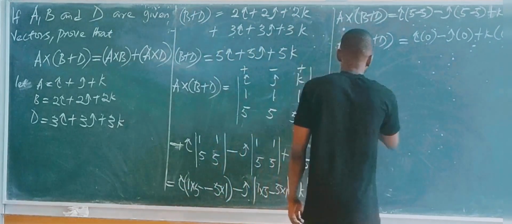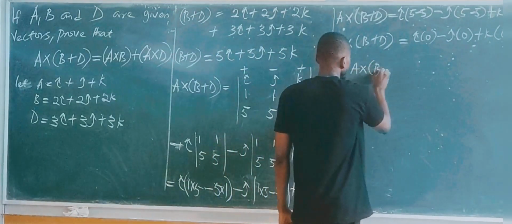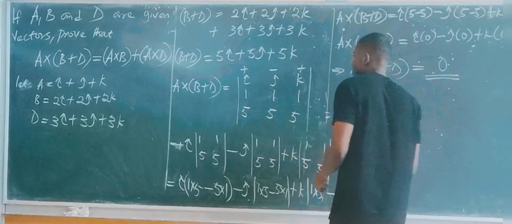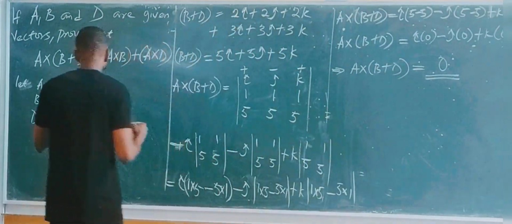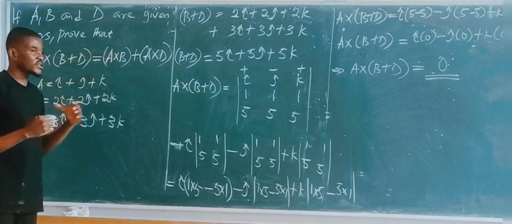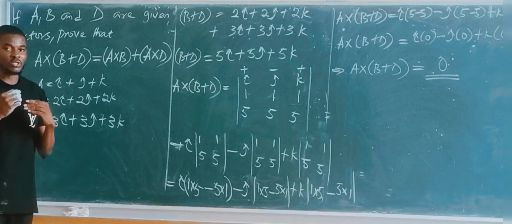So I'll simply have that A cross B plus D is 0. Alright, so having done this, that is the left hand side of the equation. It means the left hand side is 0. We will now work on the right hand side and see if we obtain 0. If we obtain 0, then it means our result was accurate.